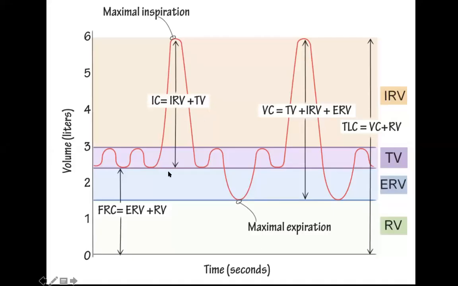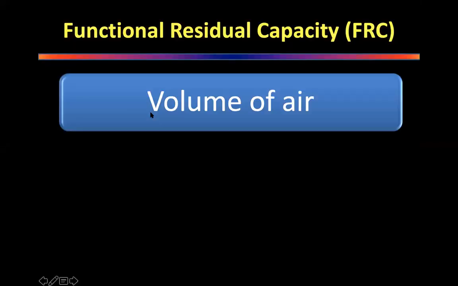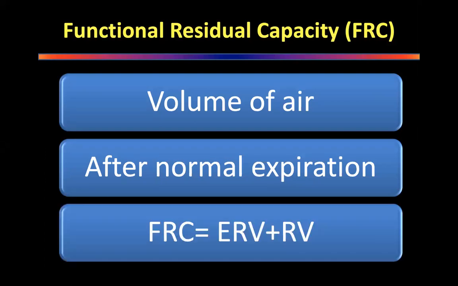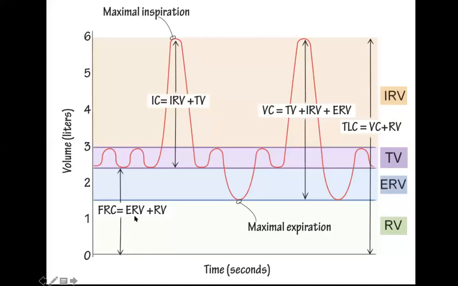Purple plus beige is inspiratory capacity. Functional residual capacity is the volume of air after normal expiration. So it is expiratory reserve volume plus residual volume. So FRC is blue plus green.